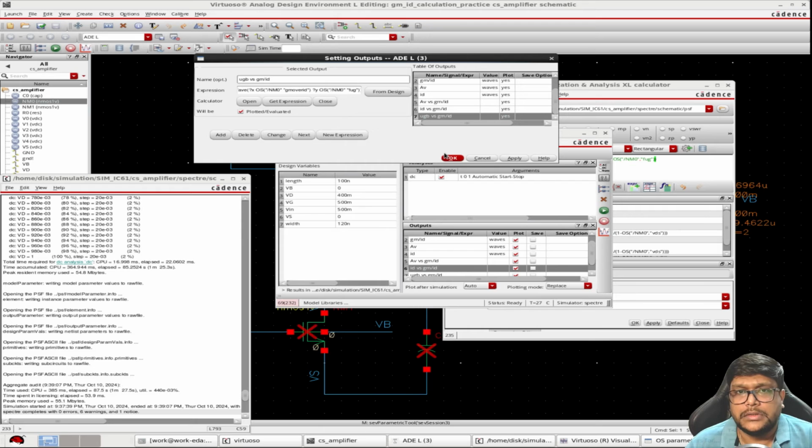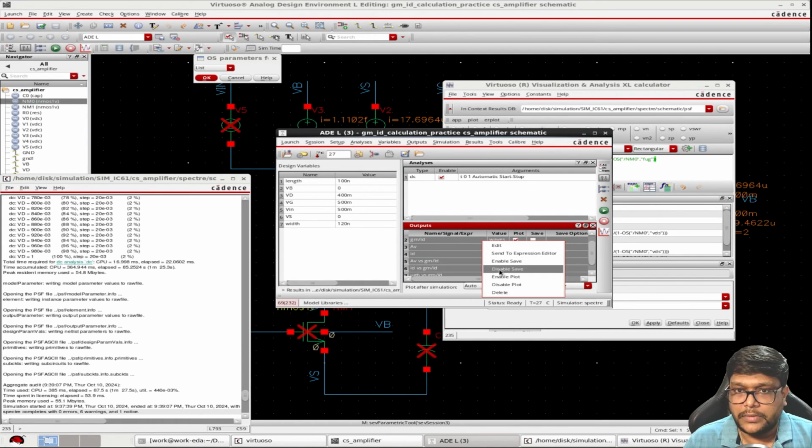GM versus GDS is also required, but we can ignore that because we are directly taking the AV. We are taking ID, so we can find that current. So I think this is okay. This much we'll keep, this much will be fine: UGB, ID.